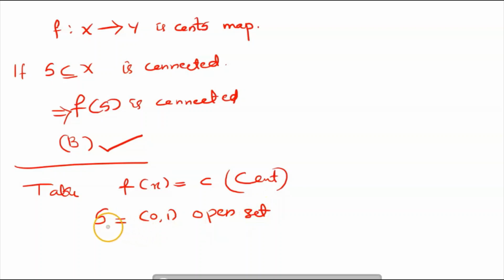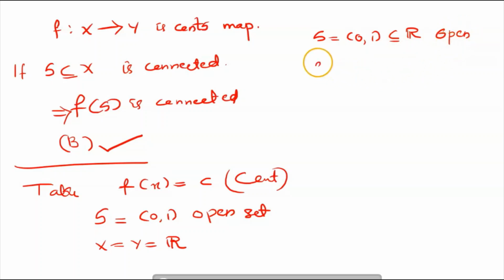And X equals Y equals R, the set of all real numbers. As clearly S is a subset of X, S equal to open (0, 1) is a subset of R, and it is an open subset of X.